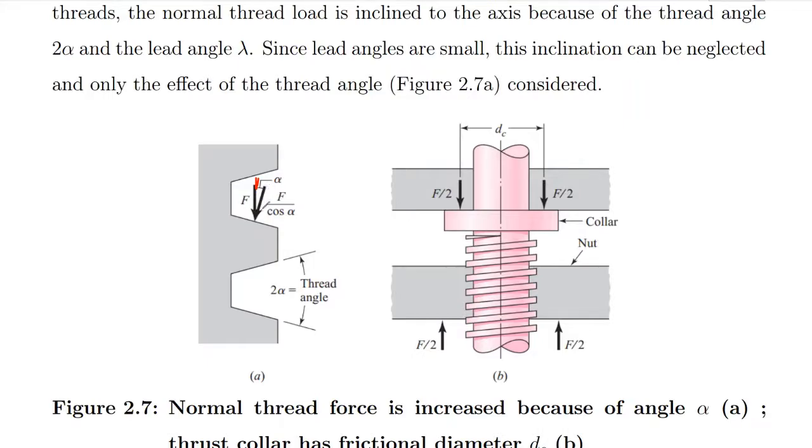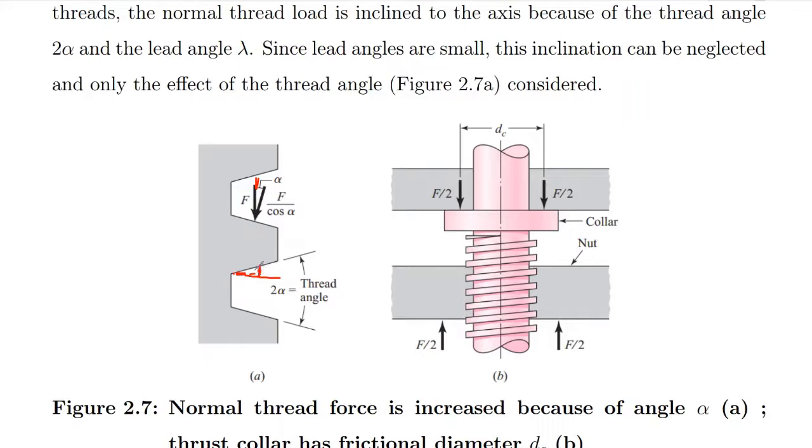So this angle here is alpha, the same as this angle. The thread angle is 2 alpha, so half of the thread angle is the angle between the thread and the horizontal.